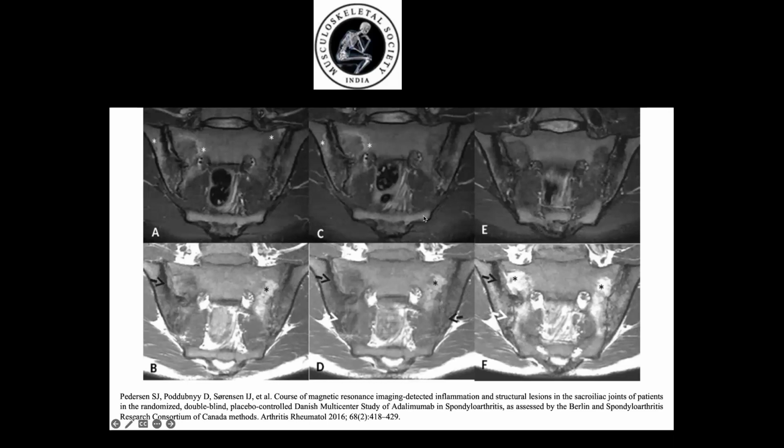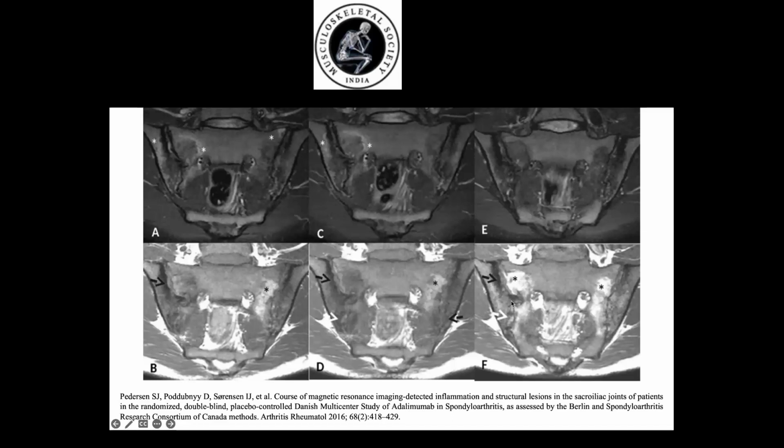Similarly, a patient post-treatment with TNF-alpha inhibitors. This is the start of treatment, week 12 and week 24. By week 24, there is clearly less bone marrow edema in the sacroiliac joints on both sides. And there is this phenomenon of fat infiltration of the marrow.